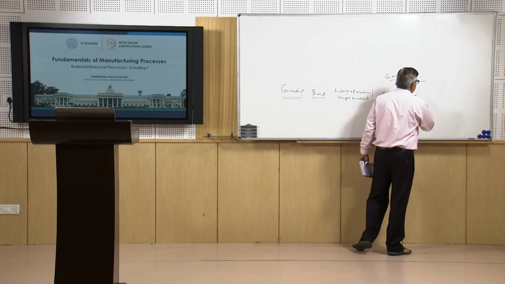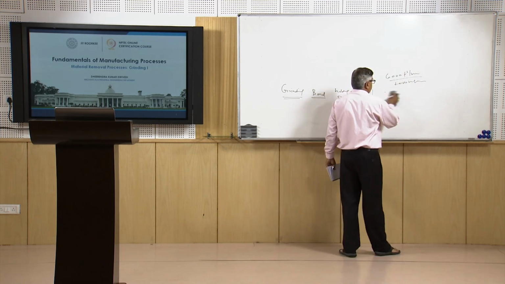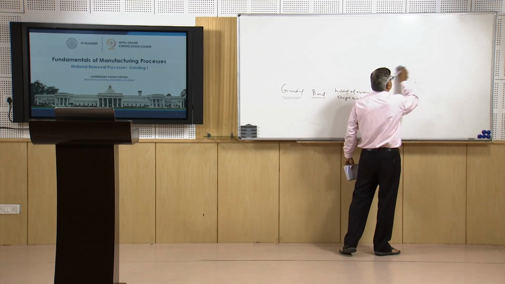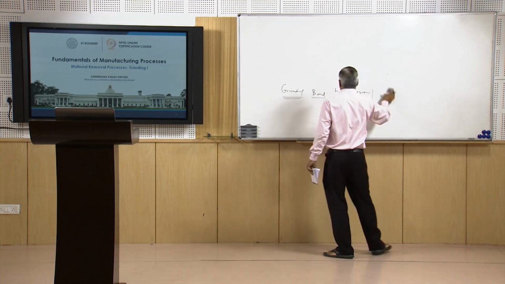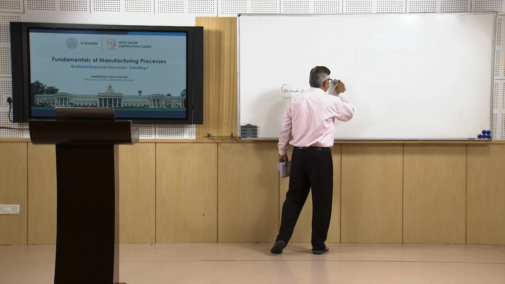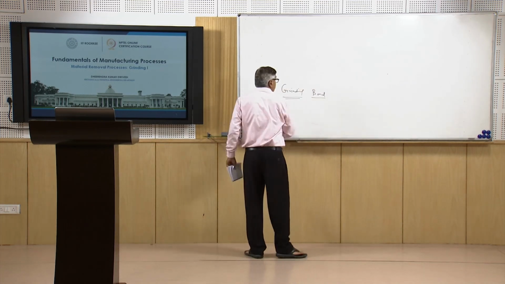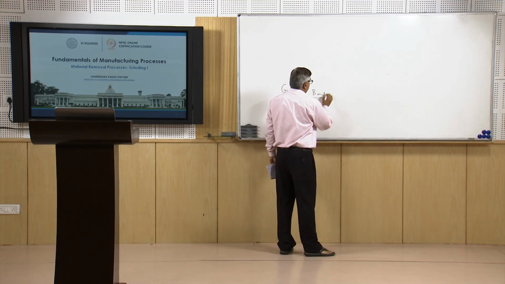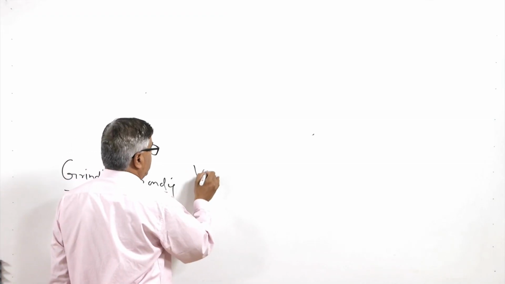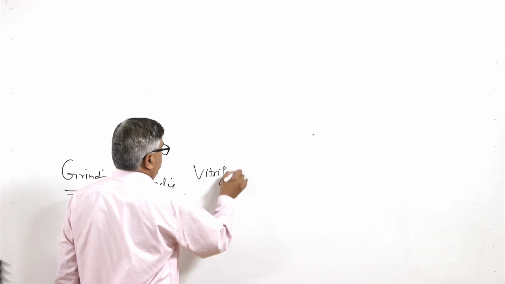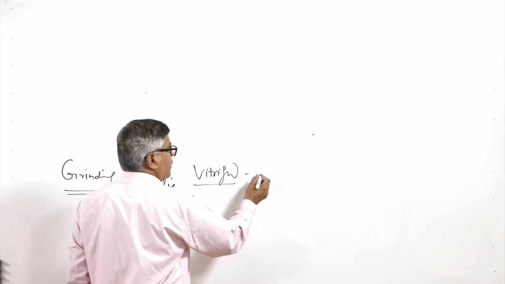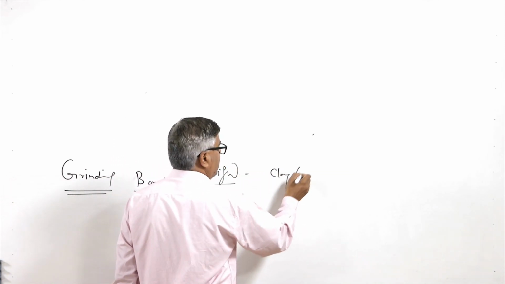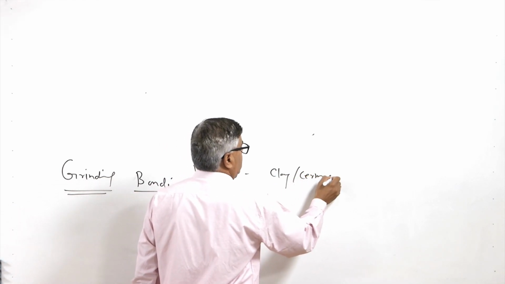There are a few common types of bonding materials used in grinding wheels for different purposes, but one of the most common is the vitrified bond, which is basically a combination of clay and ceramics.